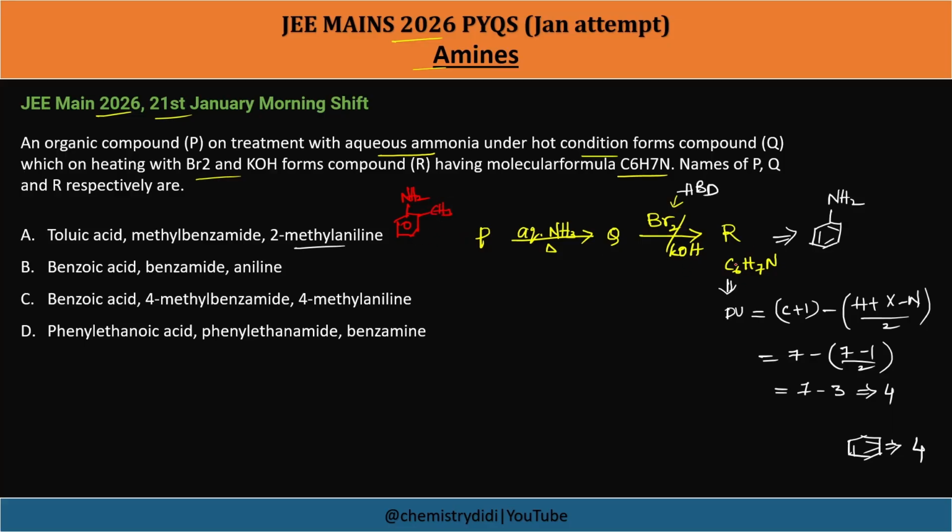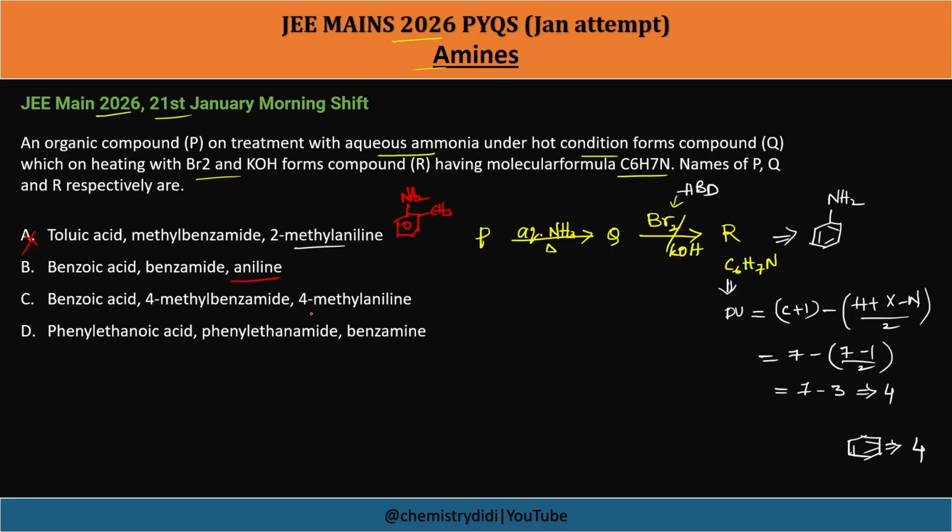One extra carbon, one methyl group, so it will be C7, but we have only 6 carbons. So you can simply eliminate this option. If you don't know the structures, you can just look at the last product and eliminate options. See how easy it is to solve these questions. Here they have given aniline, so this might be the correct answer.